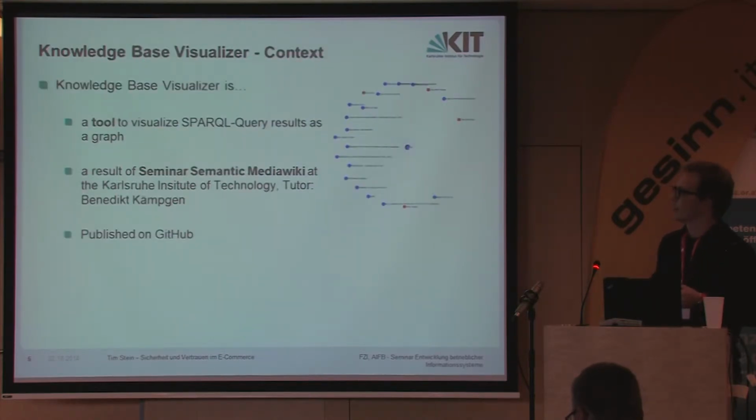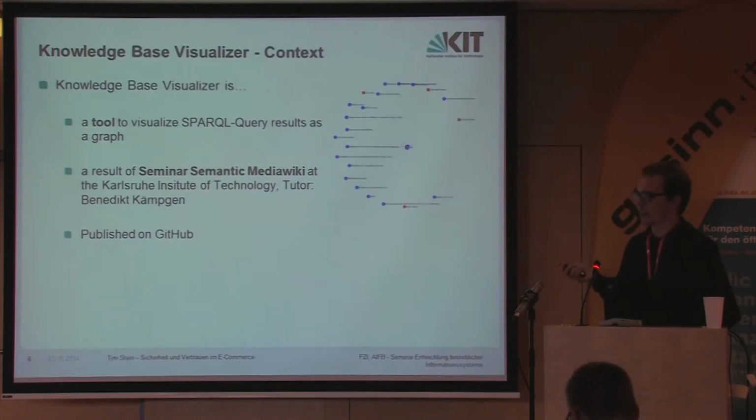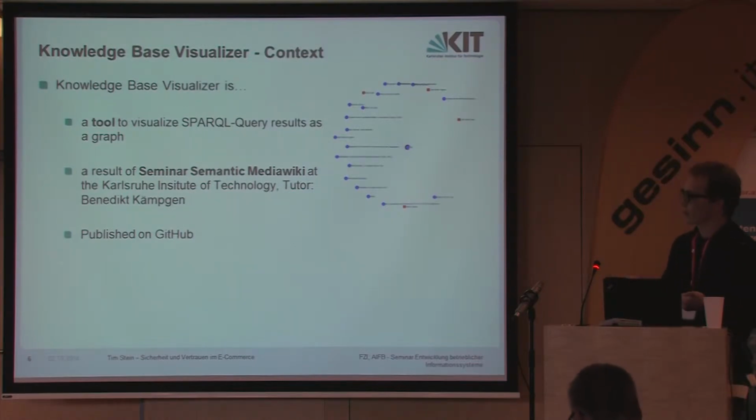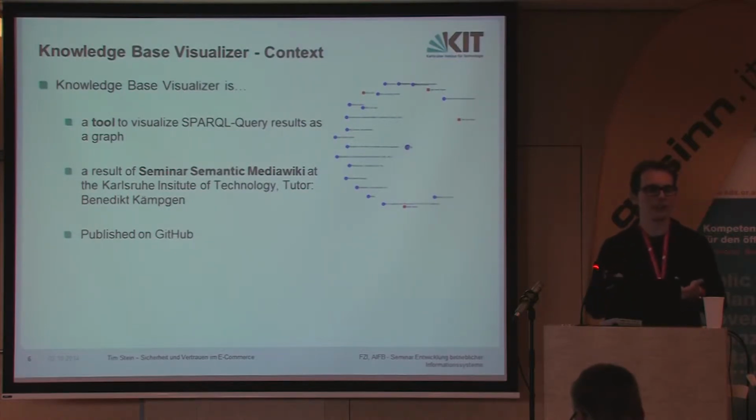So what we did is create a tool, the knowledge-based visualizer, and it uses SPARQL queries to firstly filter the data which is displayed, the nodes and the links, and then also to configure how the data is graphically displayed.